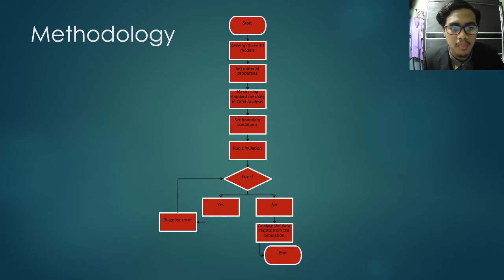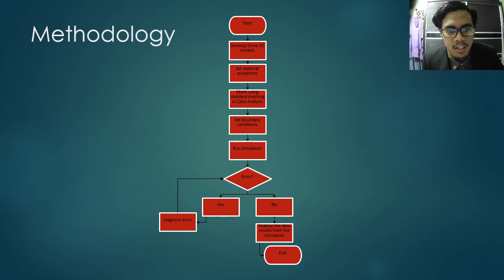So for the methodology, the first thing is to design the model. We have to design three models which have three different front configurations, which are the tubular, rectangular, and diamond.